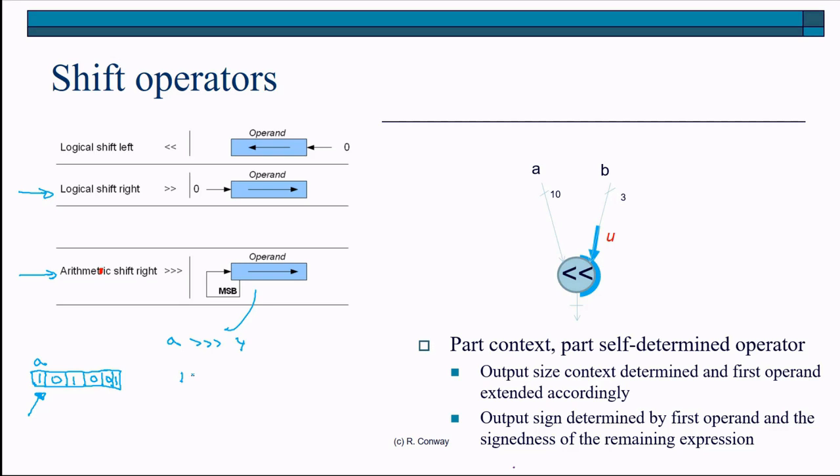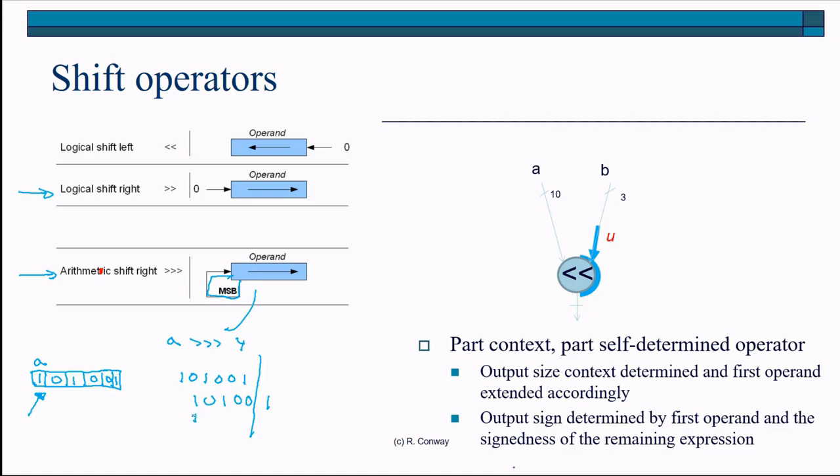The first operand, A, has the value 1 0 1 0 0 1. And if we just draw a line here, shifting it 1 place to the right, we get 1 1 0 1 0 0. And you can see that the MSB is fed in.